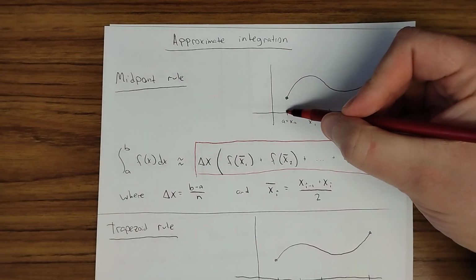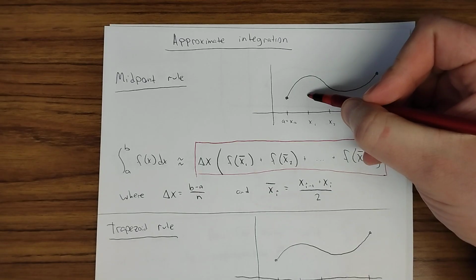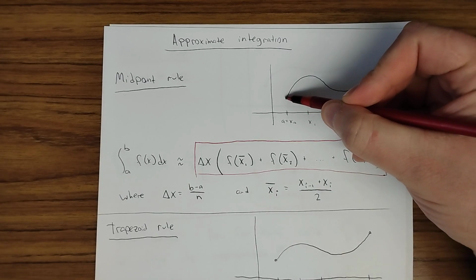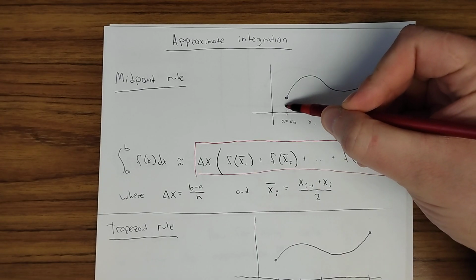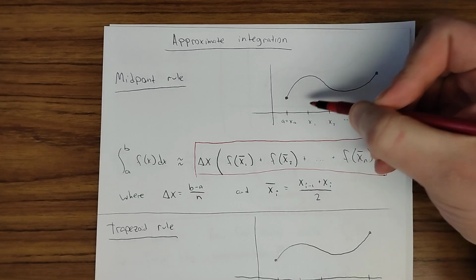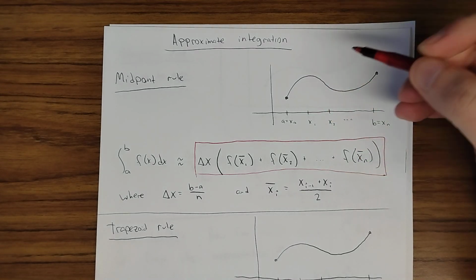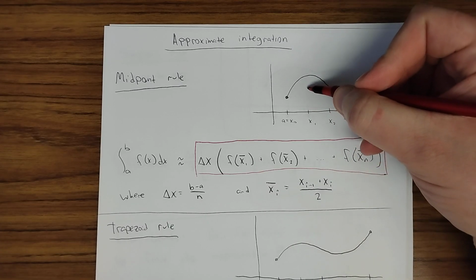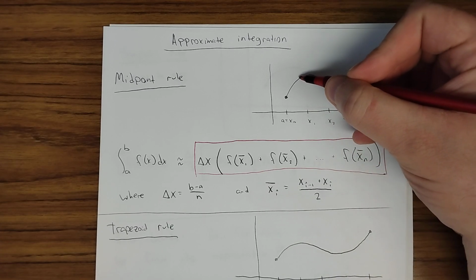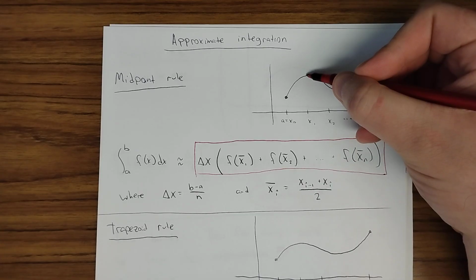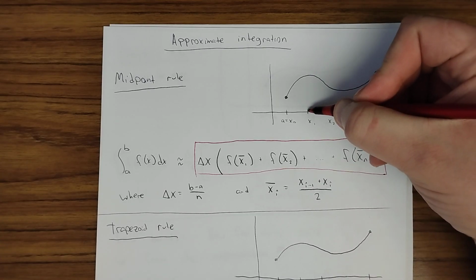There are various ways of choosing the height of that rectangle. For the left endpoint, you choose the height to be the height of the left endpoint. So if I were using the left endpoint rule, I would draw this rectangle. If I were using the right endpoint rule, I would draw this rectangle. It would be this high, so it would match the right endpoint.